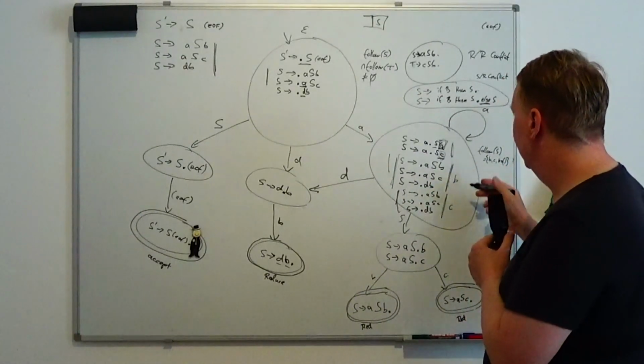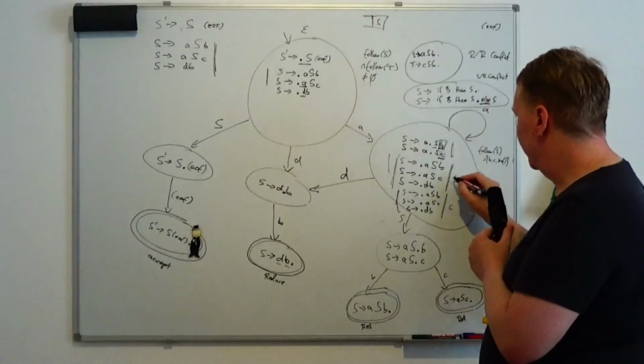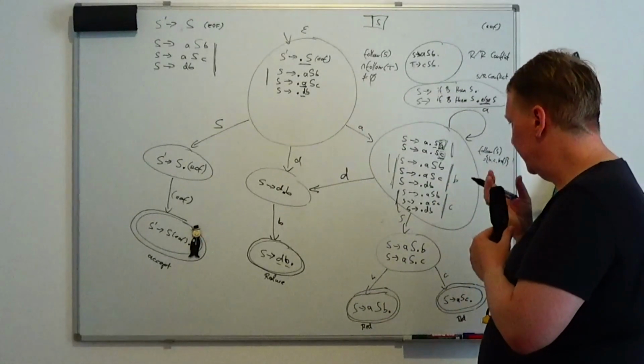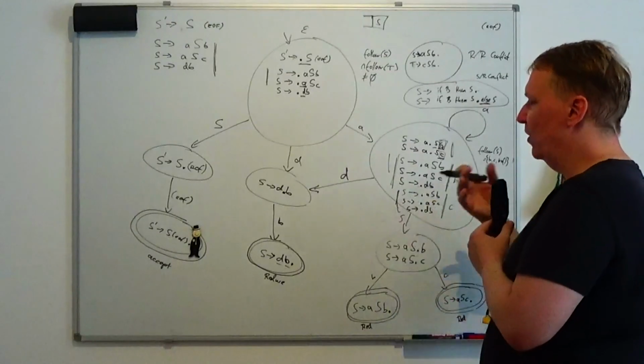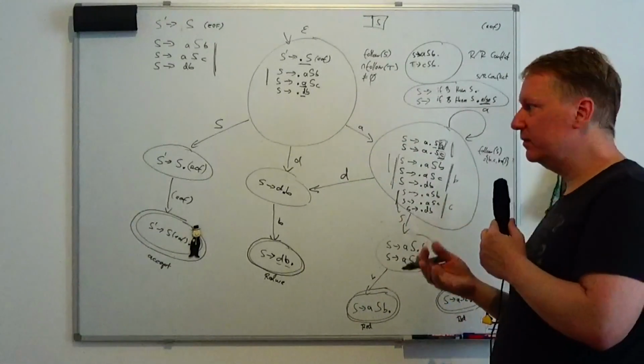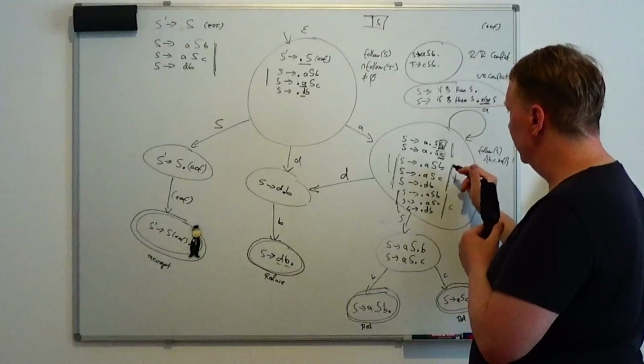Okay, so these are then called LR1 items, which have additional information about which look-ahead I require for this rule to apply.